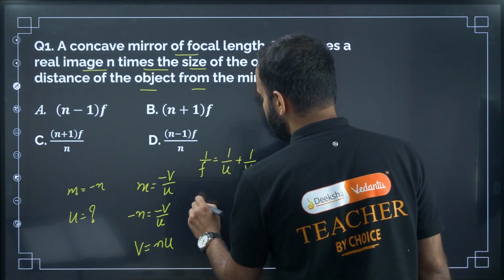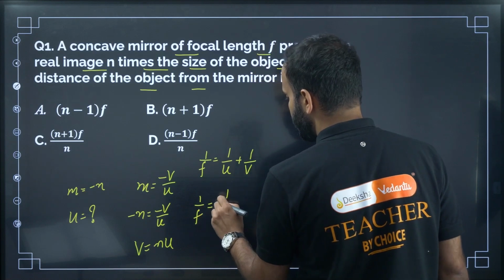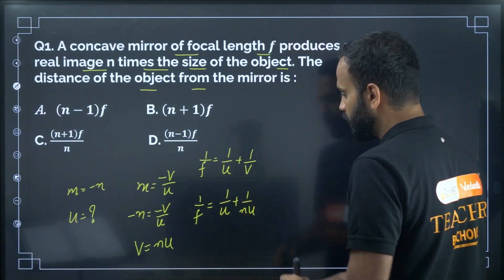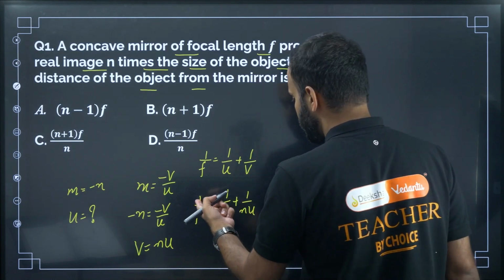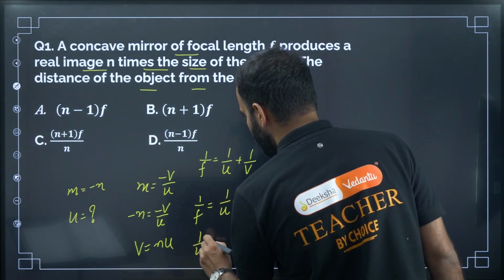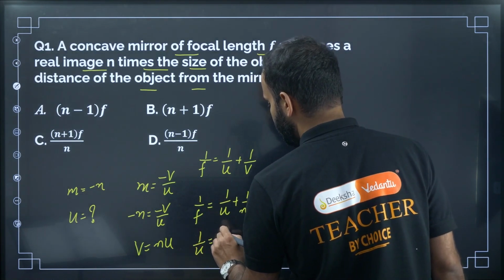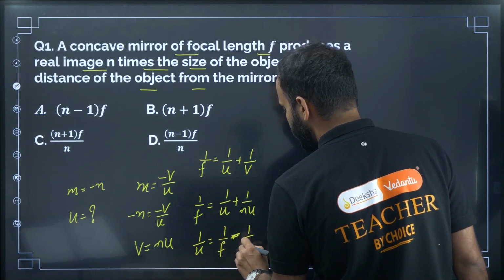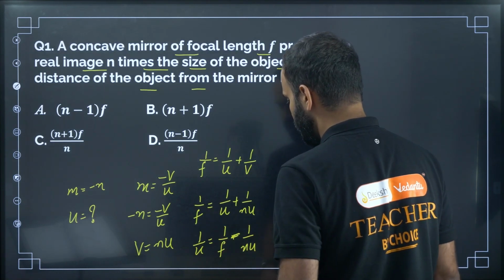So 1 divided by f is equal to 1 divided by u plus 1 divided by n into u.